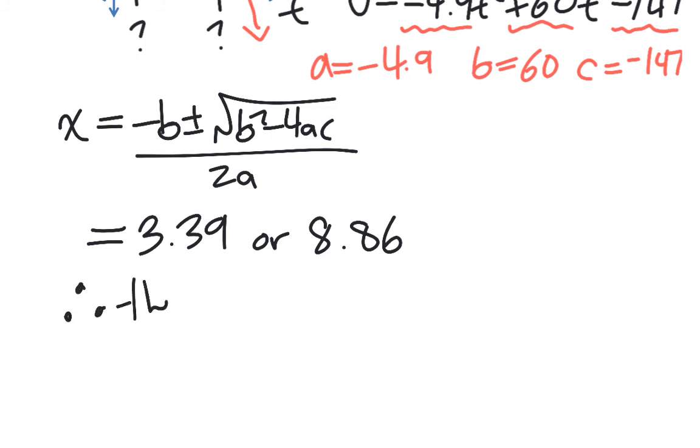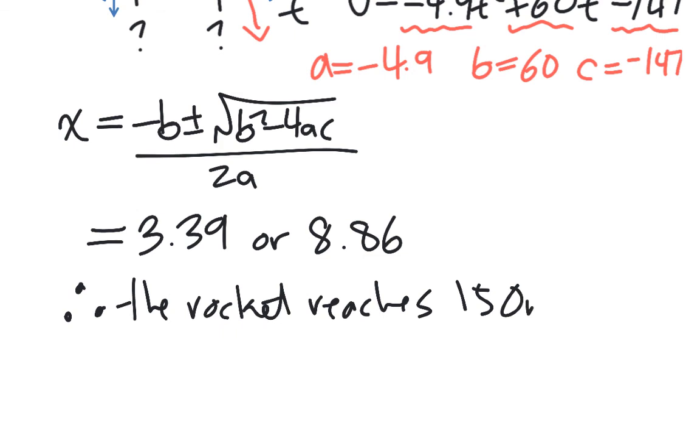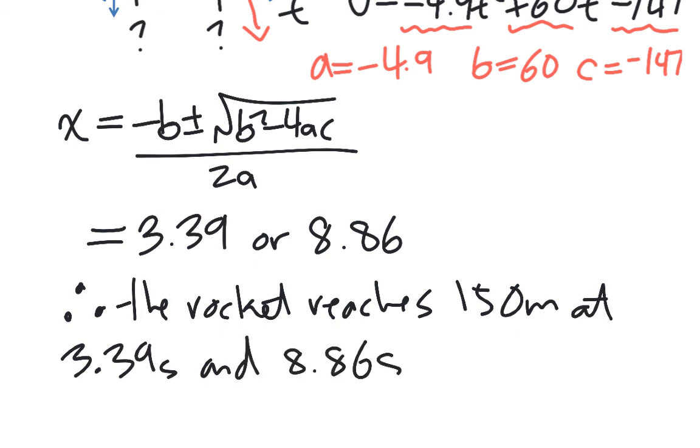Therefore, the rocket reaches 150 meters at 3.39 seconds and 8.86 seconds. The reason for that is obviously the object, once it goes up, it's going to have to return back to Earth due to the force of gravity. So it is going to reach a height of 150 meters twice.